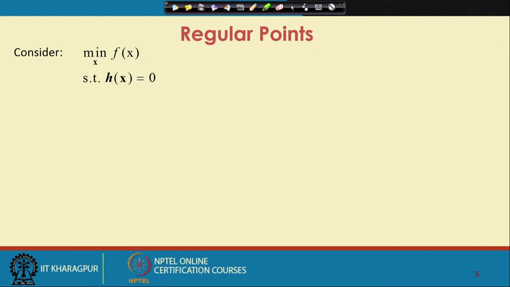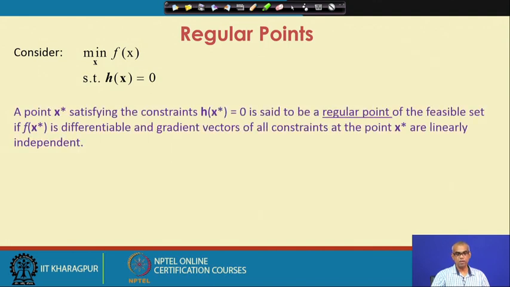Next, we will introduce another important definition known as regular points. So, consider first an equality constrained optimization problem, minimization of f x subject to h x equal to 0. A point x star satisfying the constraint h x star equal to 0 is said to be a regular point of the feasible set if f x star is differentiable and gradient vectors of all constraints at the point x star are linearly independent.